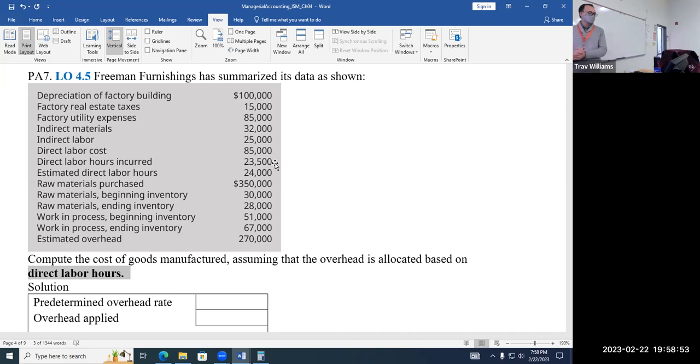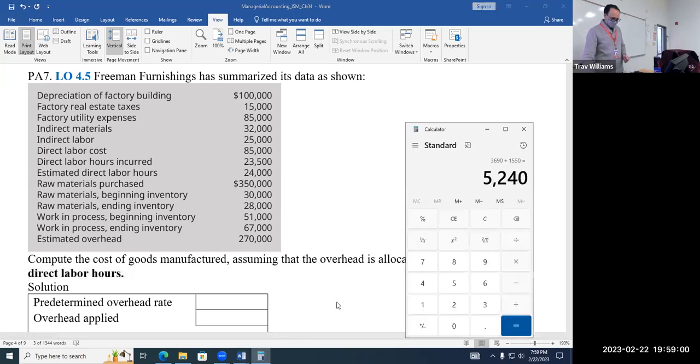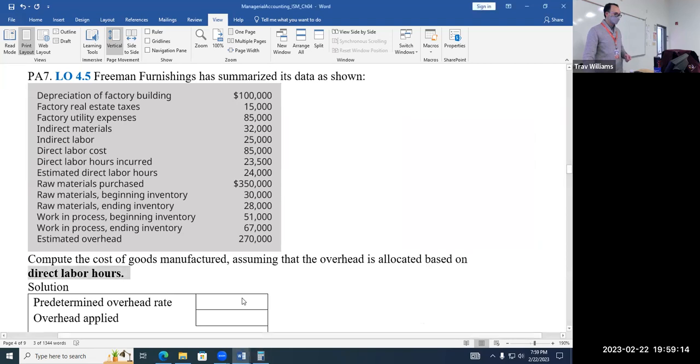You're working with estimates. What's our estimated overhead? 270,000. What is our estimated direct labor hours? 24,000, right? And so if we divide, we get 11.25. So that is our predetermined overhead rate.